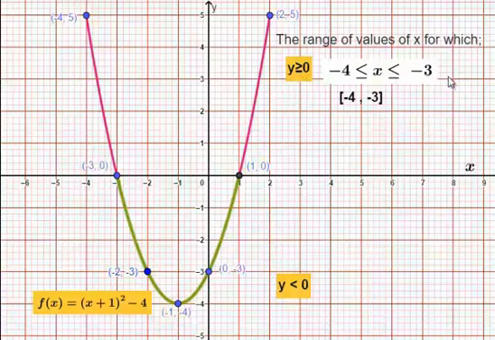Therefore, in the inequality form, we write x is greater than or equal to -4, but less than or equal to -3. And in the interval notation form, we write close bracket -4, comma, -3 close bracket, because those two values, -4 and -3, are included in the answer. That's why we have the close brackets.